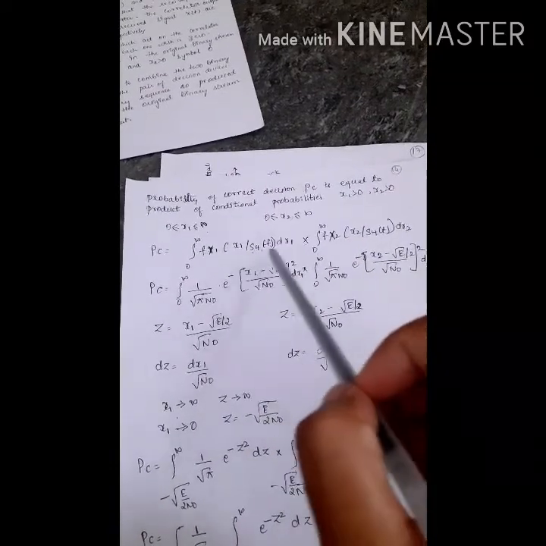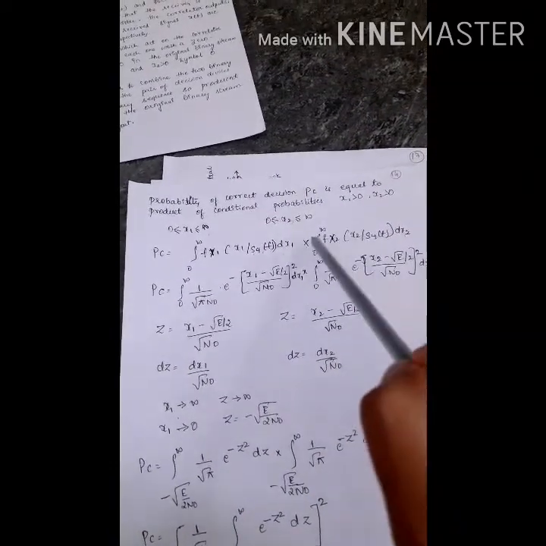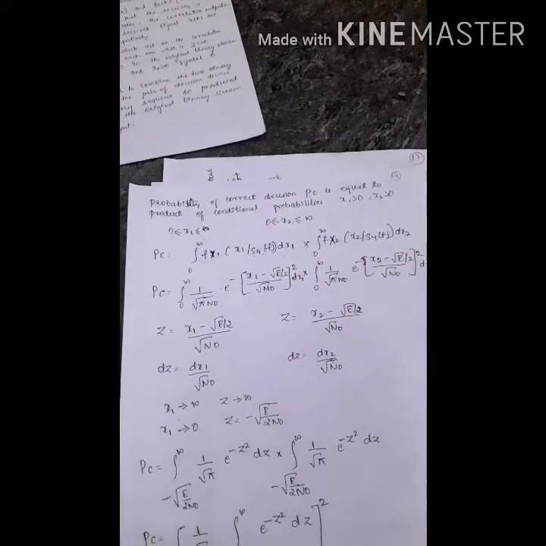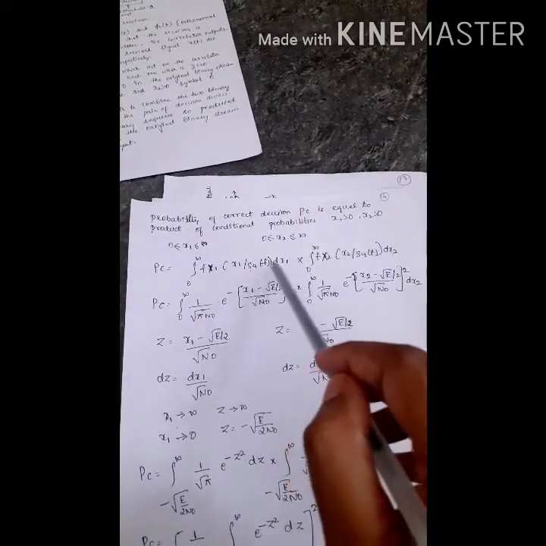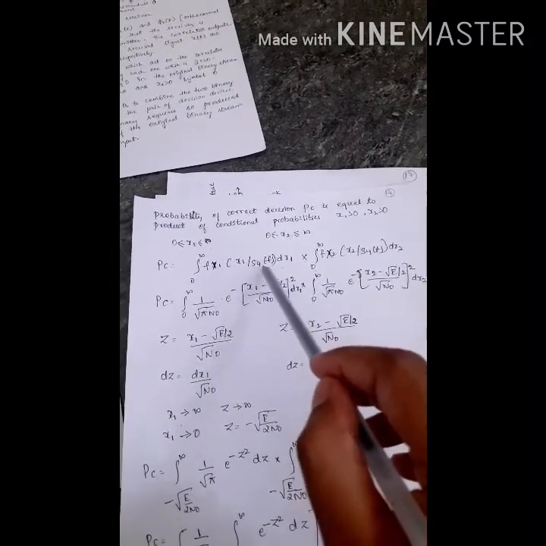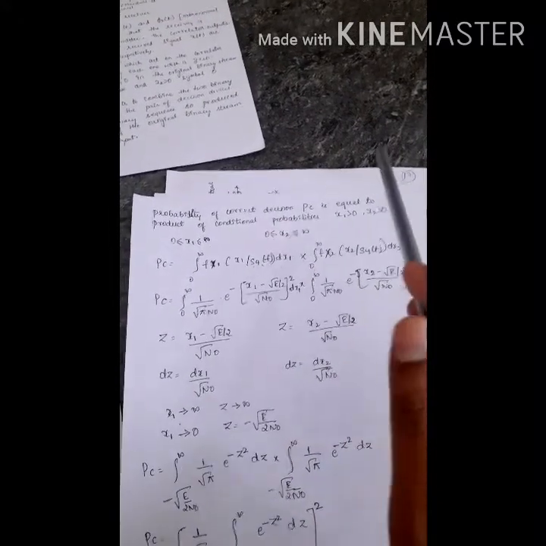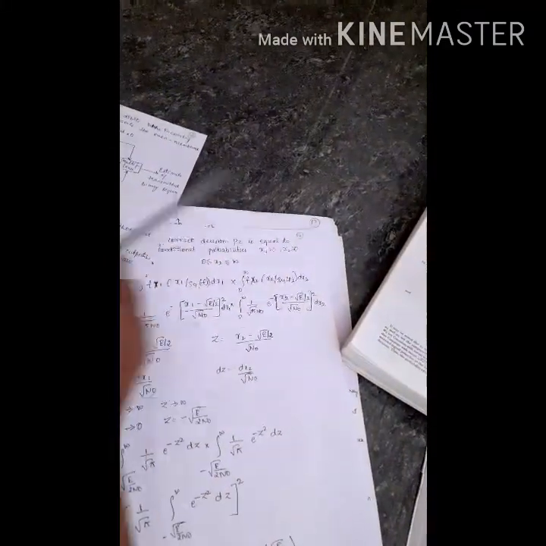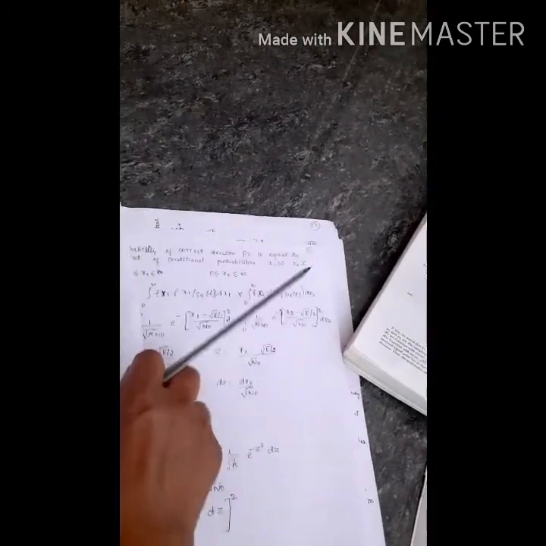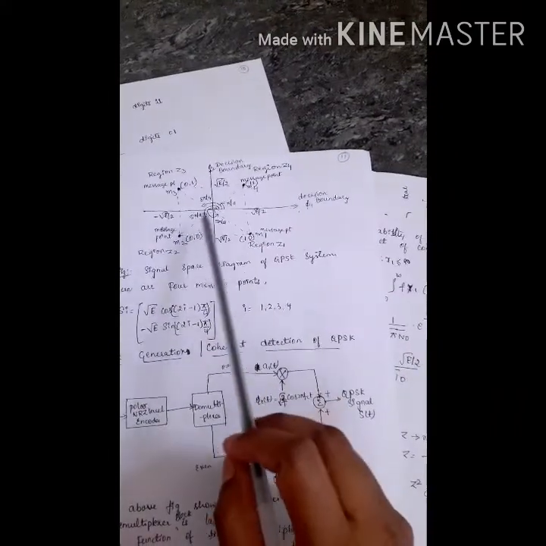This signal is transmitted along with the other two signals. Here we are considering 2 bits, so these we are transmitting, that is x1(t) and x2(t) given s4(t). This figure.